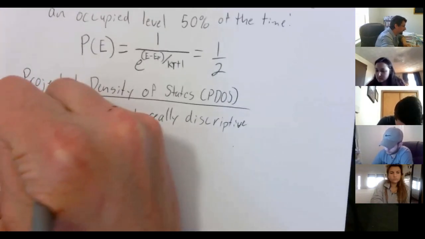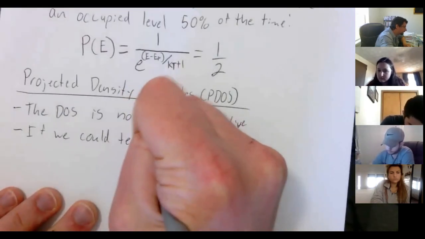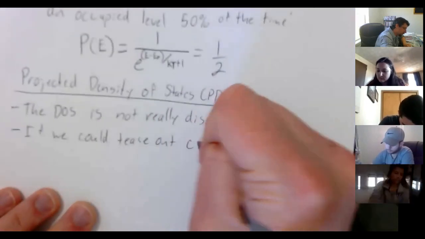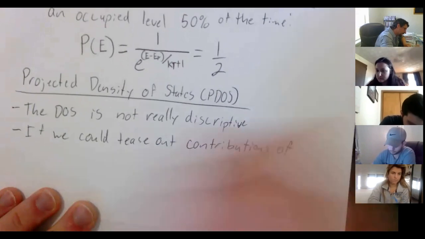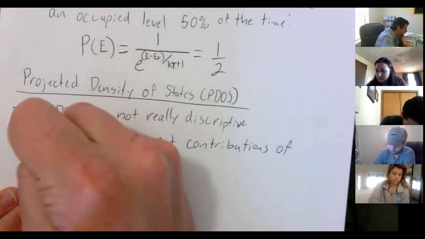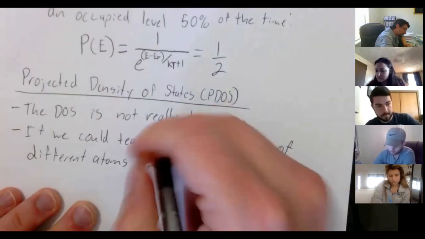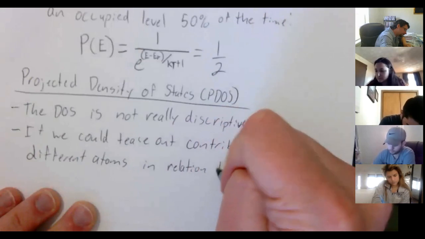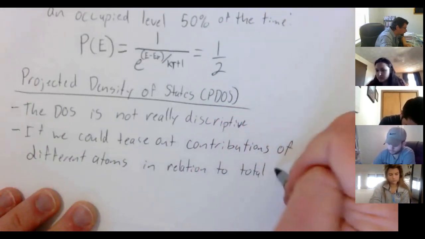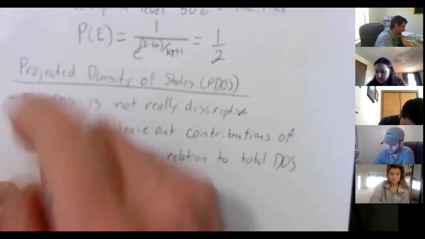But if we could look at contributions, we could tease out contributions of different atoms in relation to the total DOS. We might get some more chemically intuitive or build a better chemical understanding of what's happening.